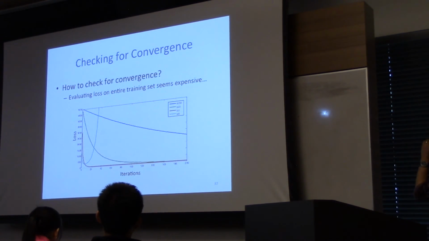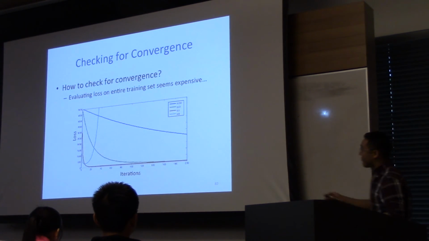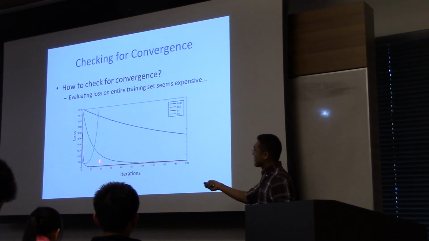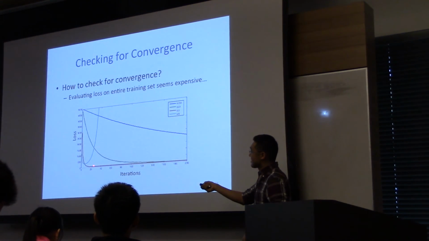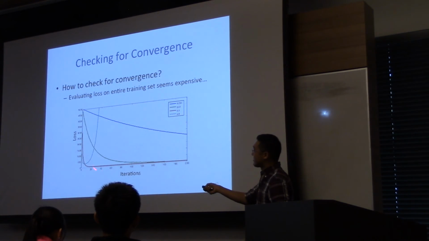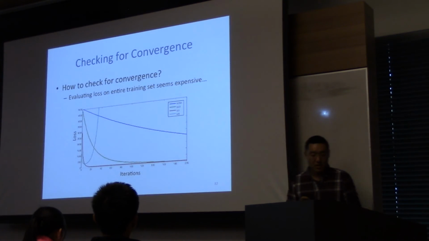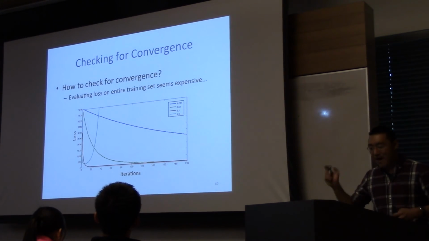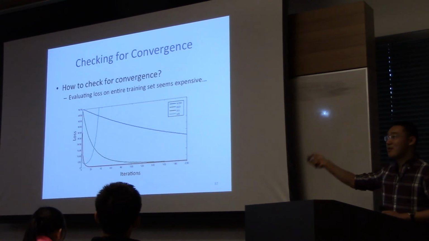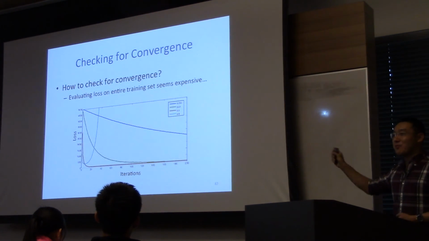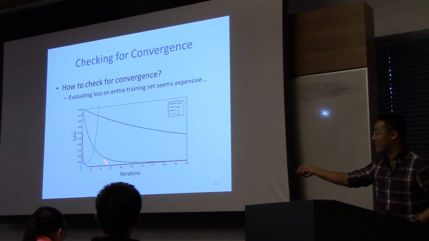So checking for convergence, right? Remember when I said you check for convergence when it looks like your loss function isn't decreasing that much. So the very fact of even plotting this curve required me to do a full pass over my training data for every point on this curve, right?